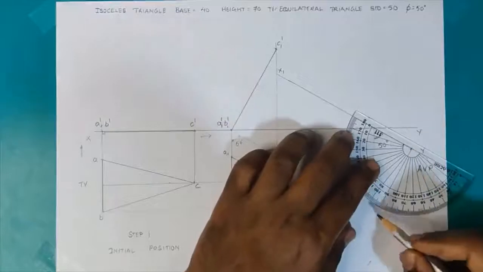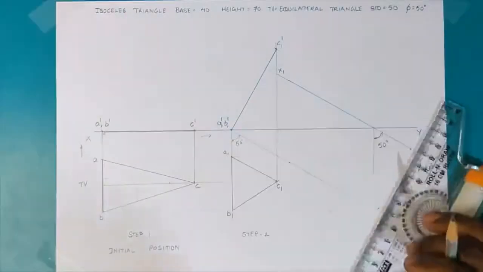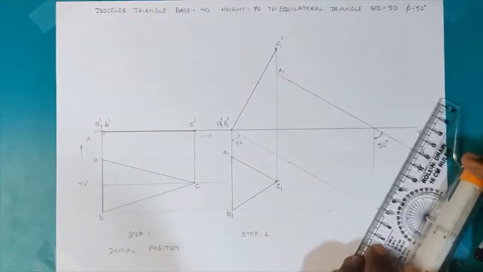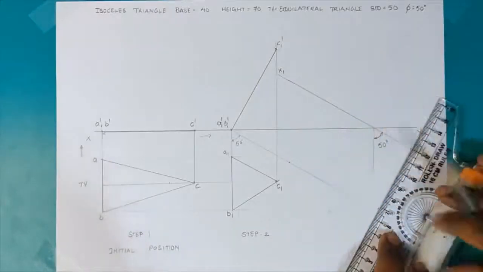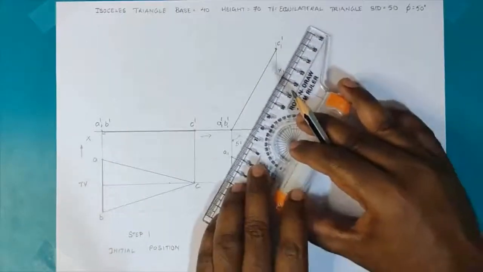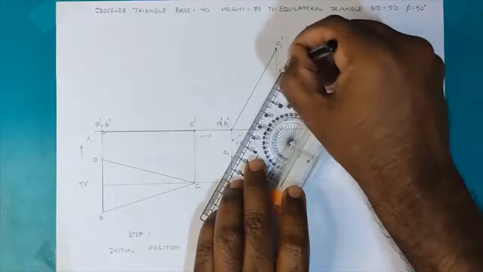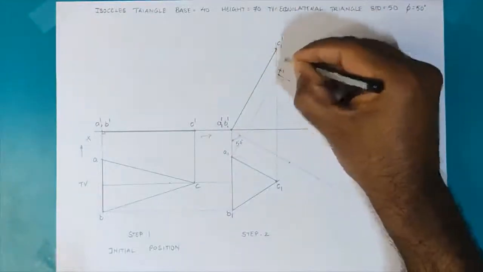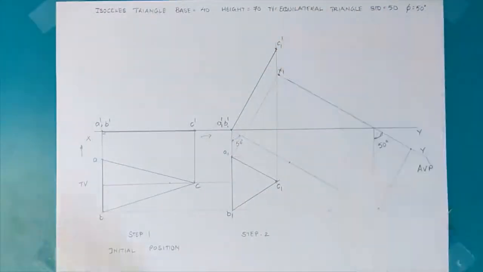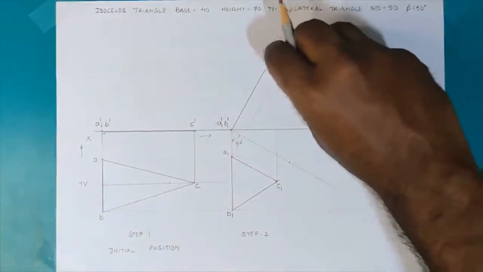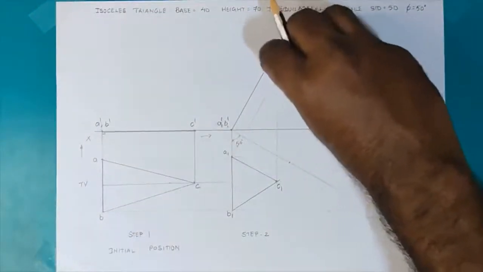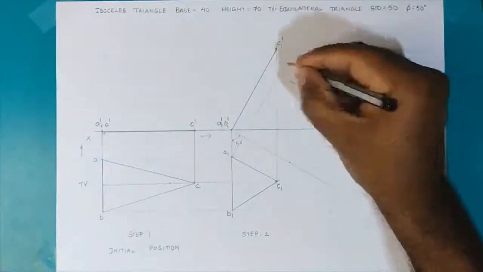Now I construct a perpendicular to the auxiliary plane X1, Y1, and through points A I draw projectors. Remember, I am taking distances from XY. So projectors from top view and distances from front view.